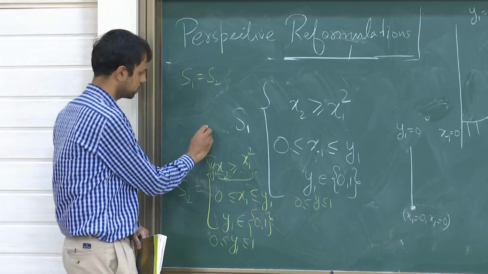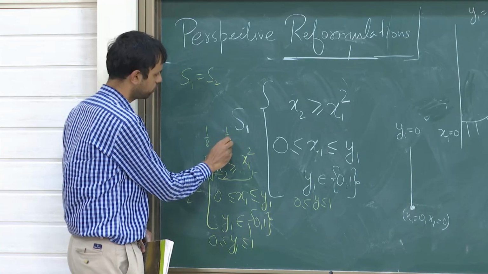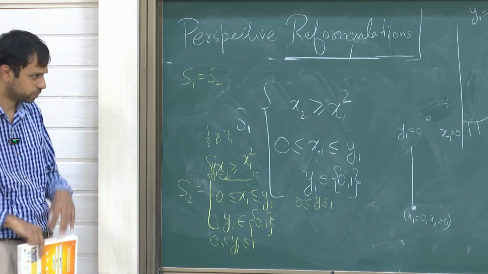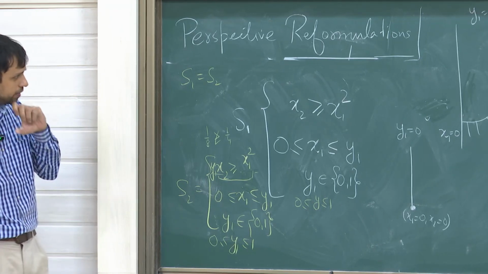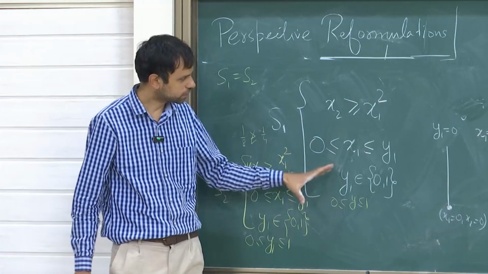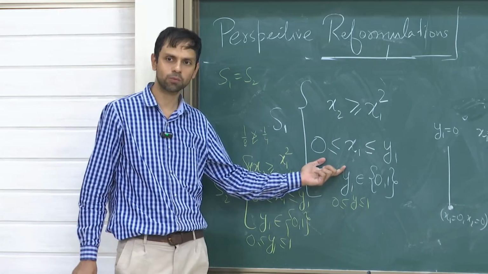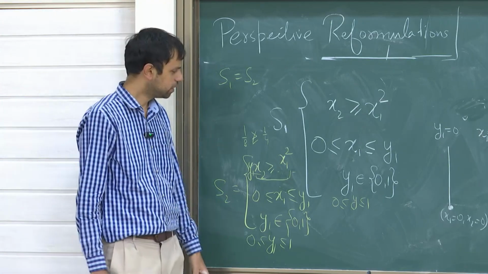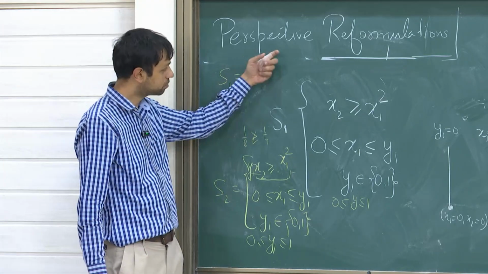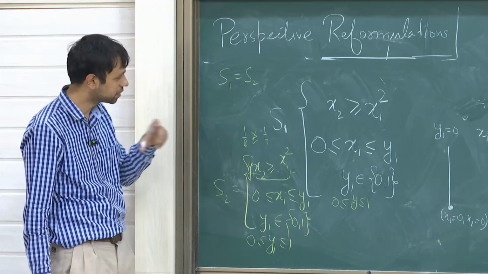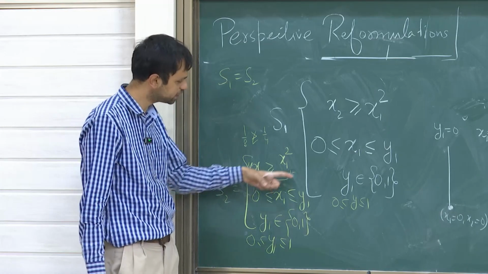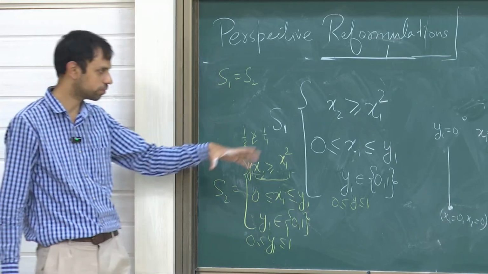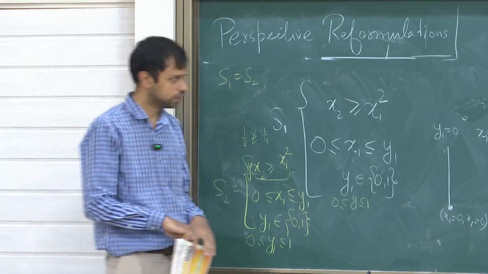So this side is 1 by 8, this is 1 by 4, and clearly it is violated. So that means this is a weaker formulation, this is a stronger formulation. And the result from perspective says that it is actually the strongest possible formulation. It is the convex hull of this set.